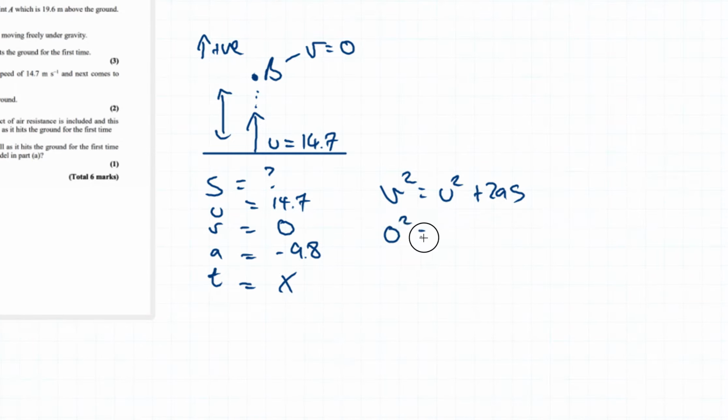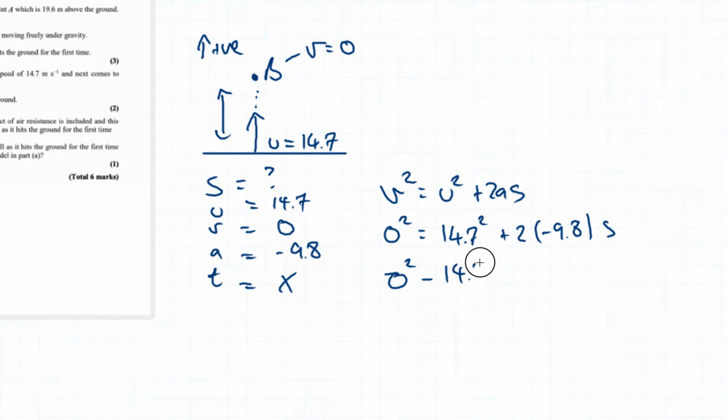So we get 0 squared equals 14.7 squared plus 2 times minus 9.8 s. Then you can just plug in the numbers and rearrange, so it's 0 squared minus 14.7 squared equals 2 times minus 9.8, which is minus 19.6 s.